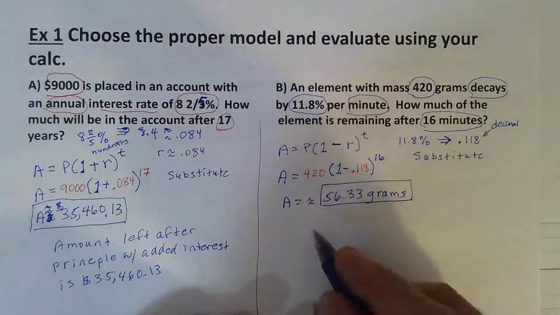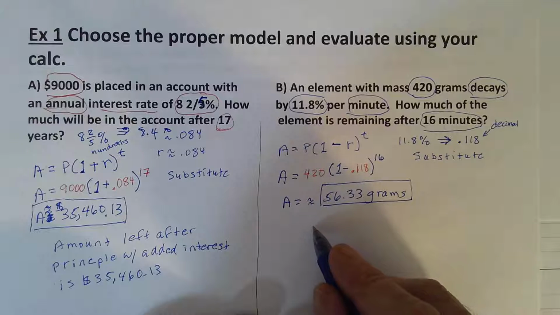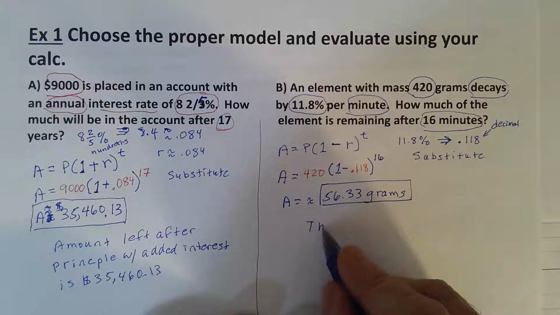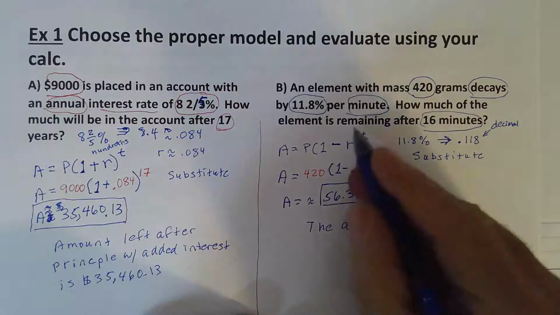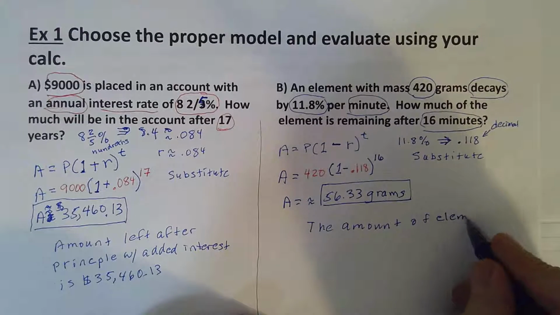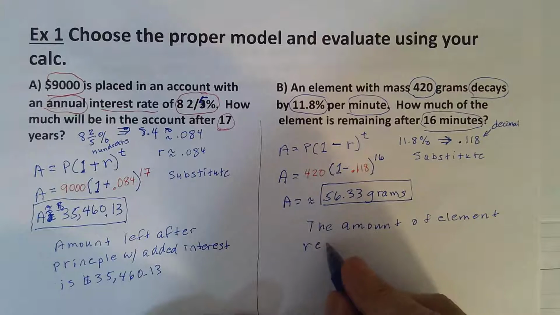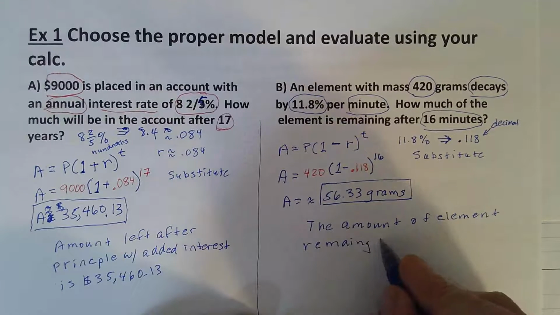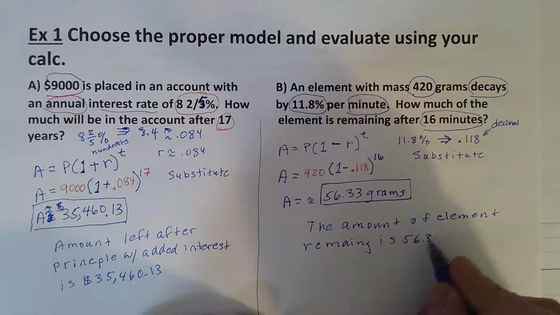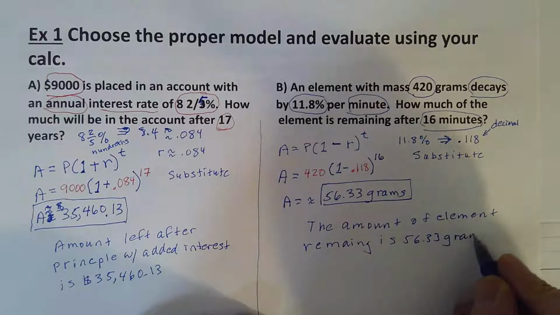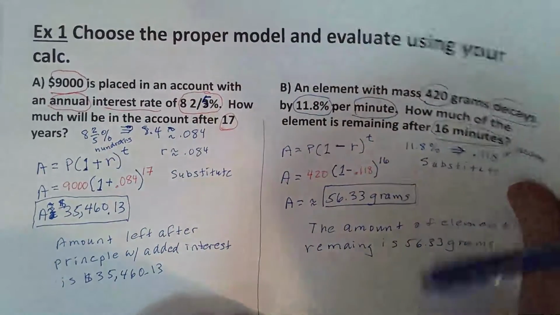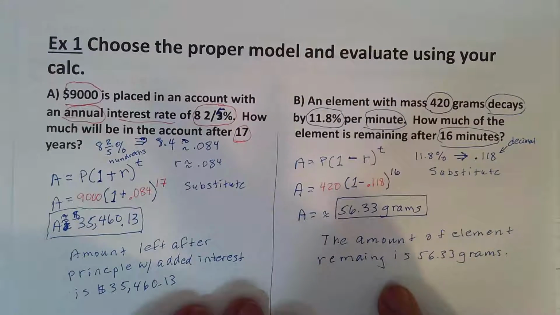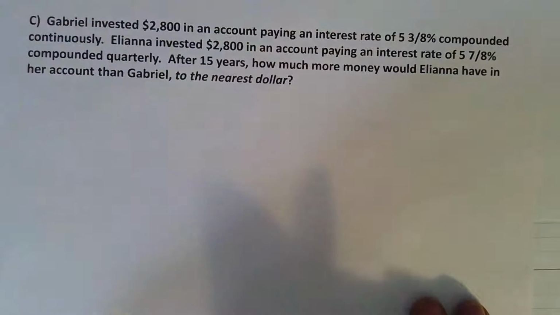And over here, the amount of the element remaining, I'm just taking off the last sentence, is 56.33 grams. Okay, that's all you need to do. Again, they may just ask for the number. They may also ask for you to write this out, but I suspect it'll only be the number.